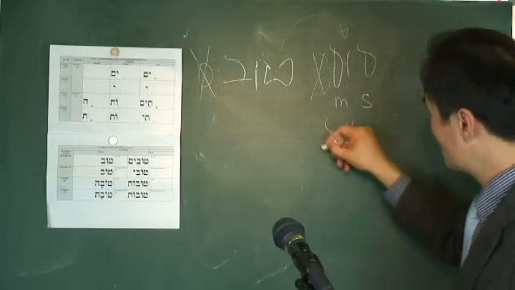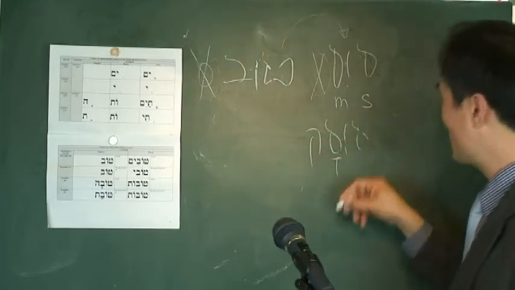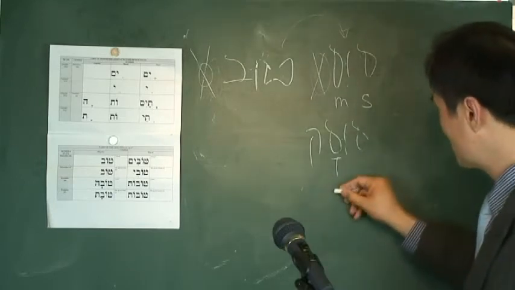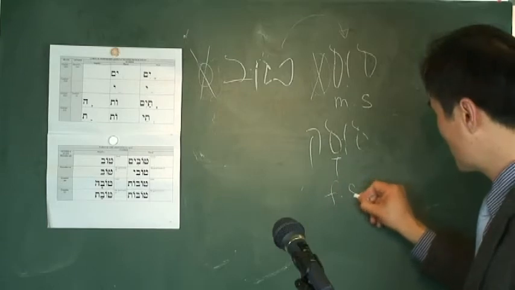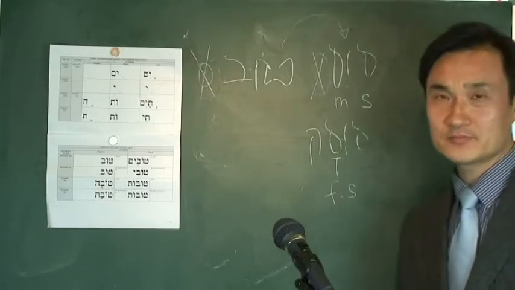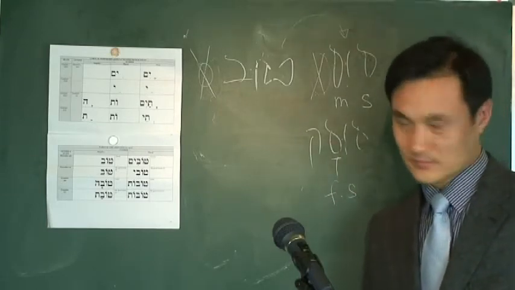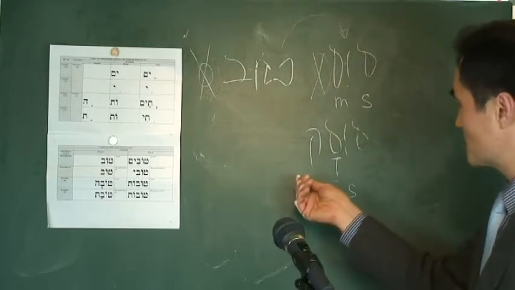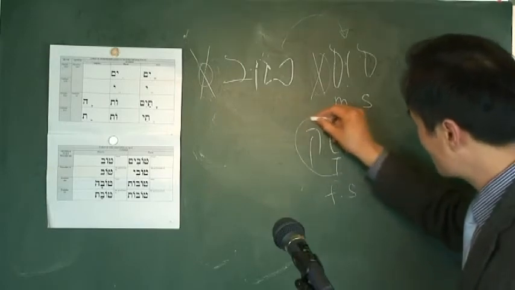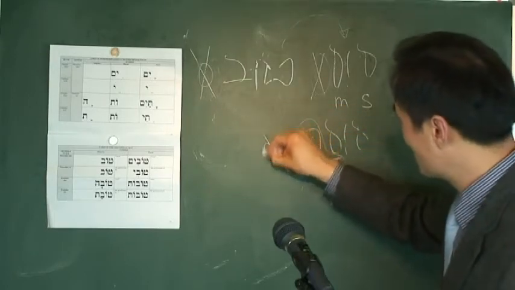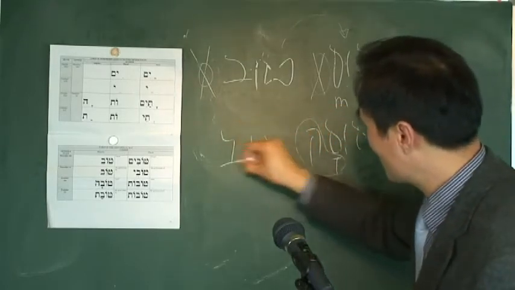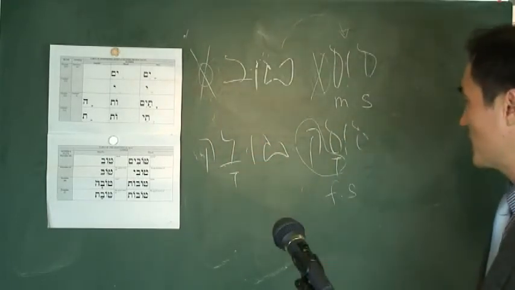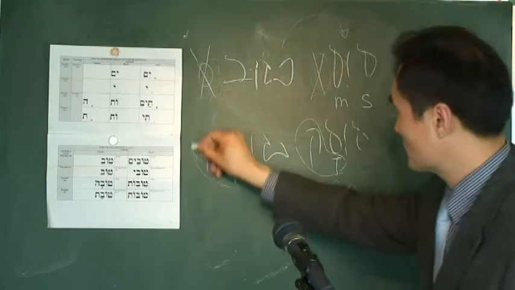However, if the noun was a feminine singular noun like Susa, the same feminine singular ending must be added to the adjective, which would be tova.